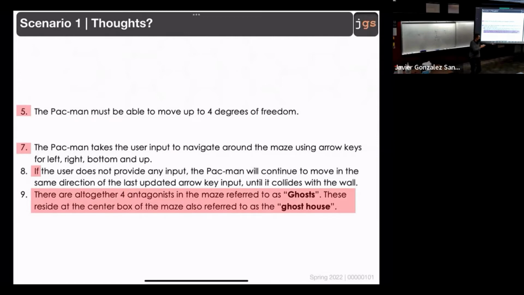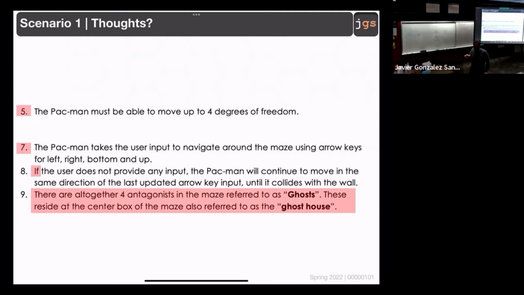And you know what? At some point, those guys are going to be blue and scared. All of that is about having the ghost, or drawing the ghost, or presenting the ghost. There are several details that you need to provide to me about how to draw or present or introduce this ghost. Think about it. It's your class Ghost, with all the different methods and all the different things that you need to do there.